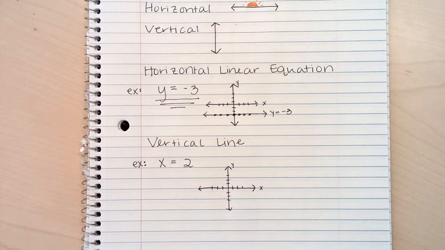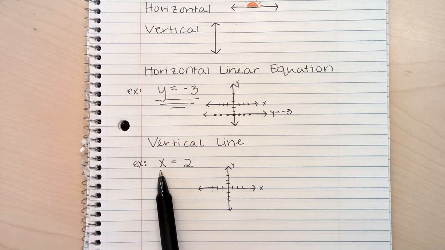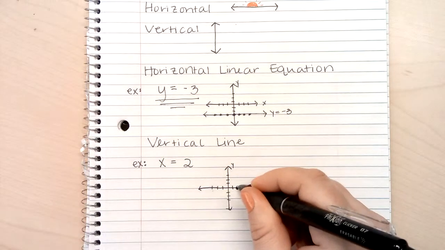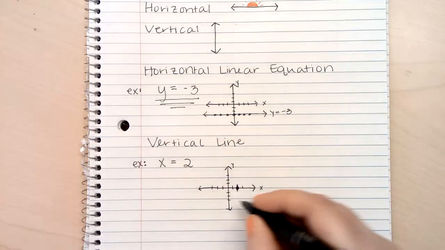When x equals 2, it means x is always 2. So right here is your clue to go to the x-axis and find the 2 and put a dot on the 2.